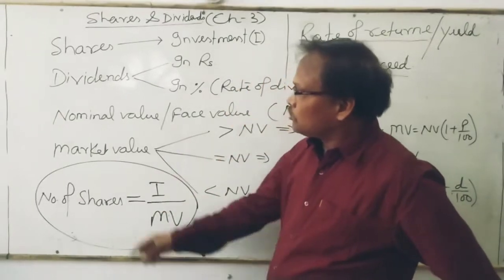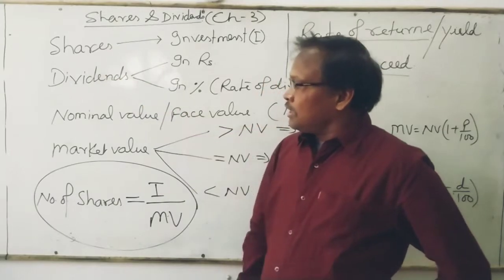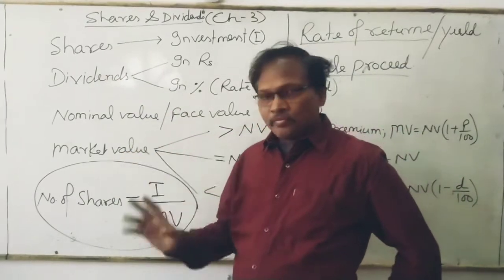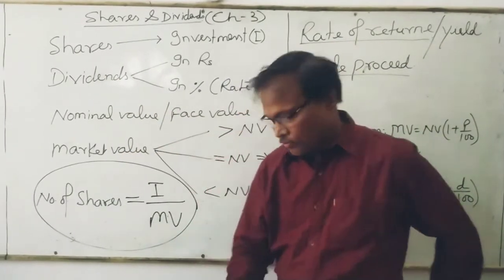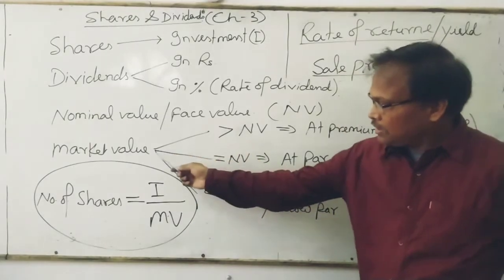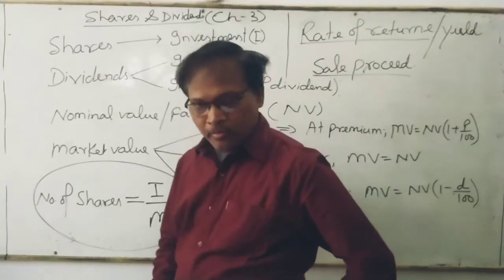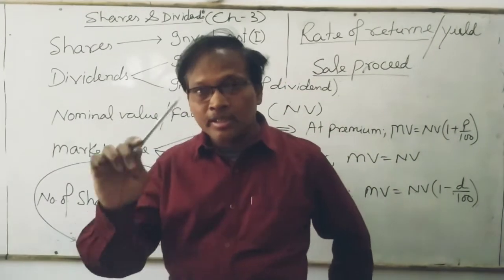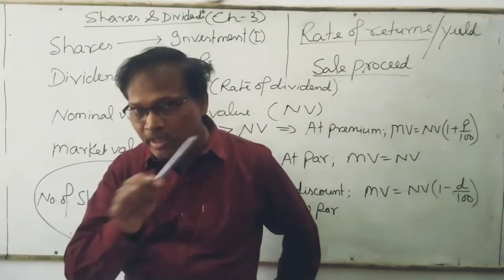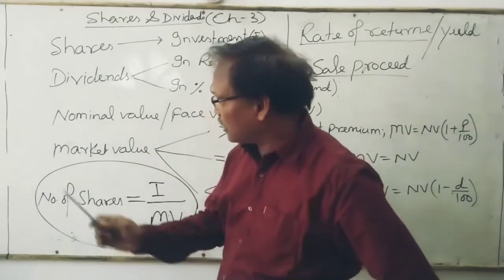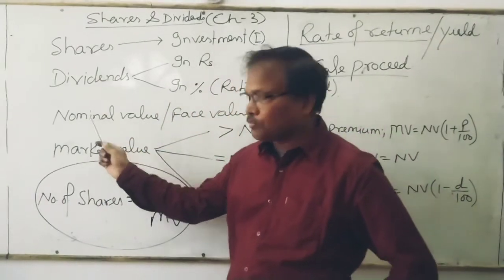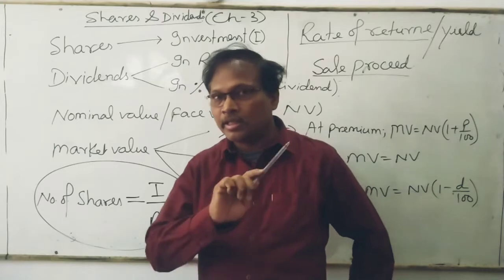Clear? Now market value, there are three types of market value. In some cases the market value increases, means more than the nominal value. Nominal value हमने बताया, nominal value is the basic price or fixed price that never changes.